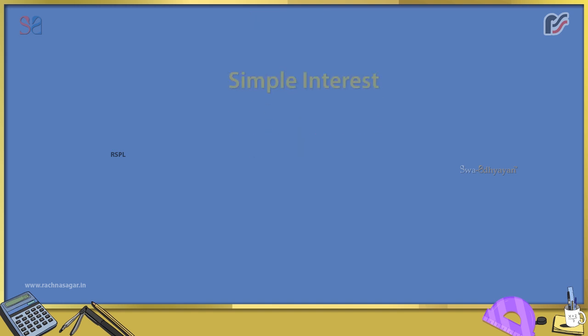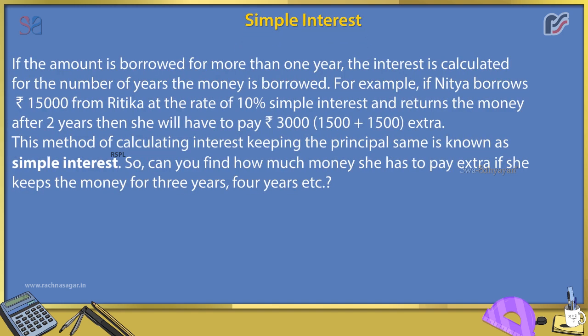Simple interest. If the amount is borrowed for more than 1 year, the interest is calculated for the number of years the money is borrowed.